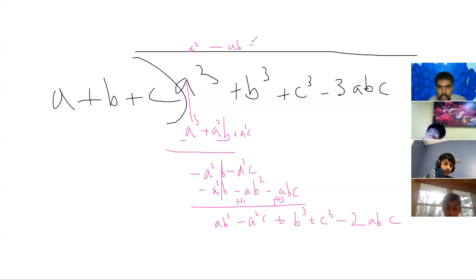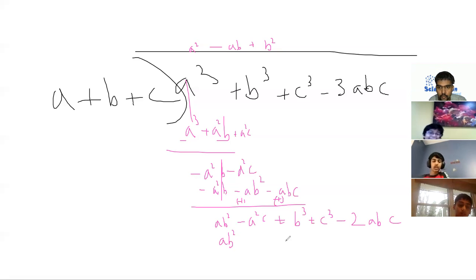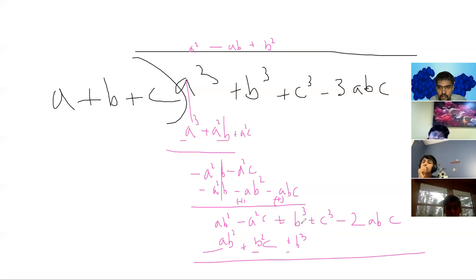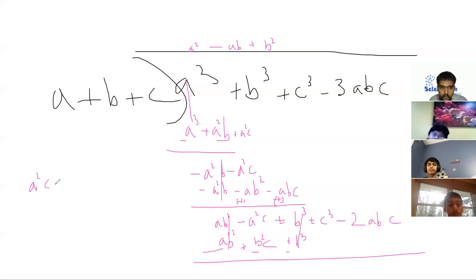Then I would like to knock off ab square. So I get plus ab square, plus b cube, plus b square c, minus minus minus. These two go away. So I'll get a square c minus b square c plus c cube minus 2abc.